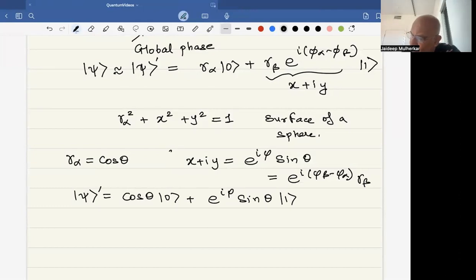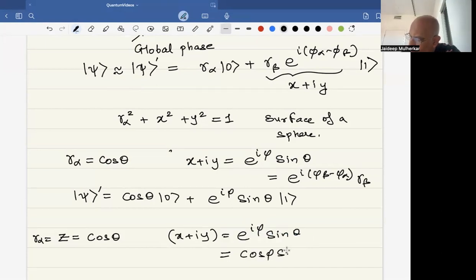Therefore we get z is equal to cos theta, R alpha is equal to z. Then I get x plus iy is equal to e to the i phi sine theta, which is equal to cos phi sine theta plus i sine phi sine theta.